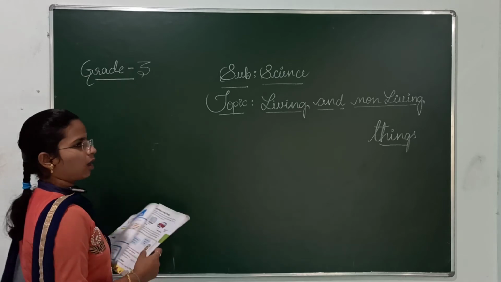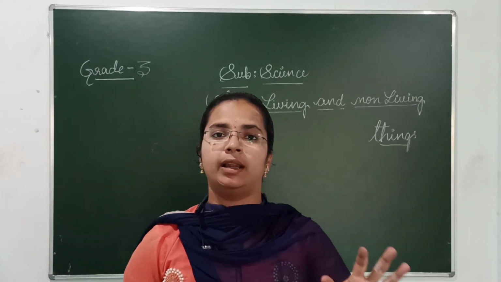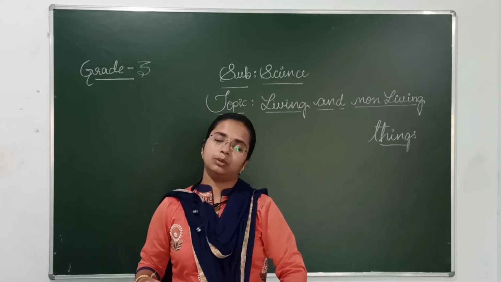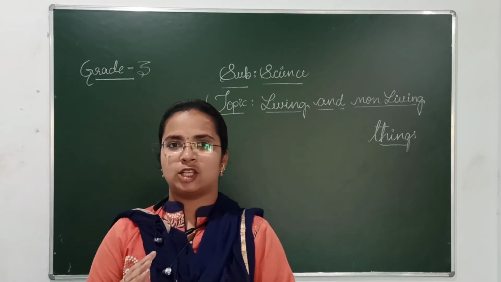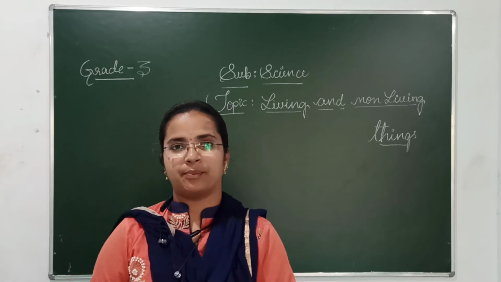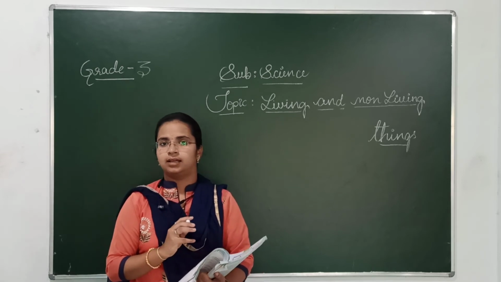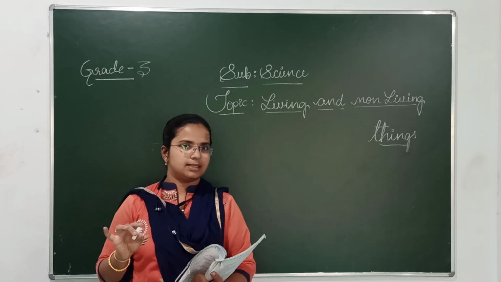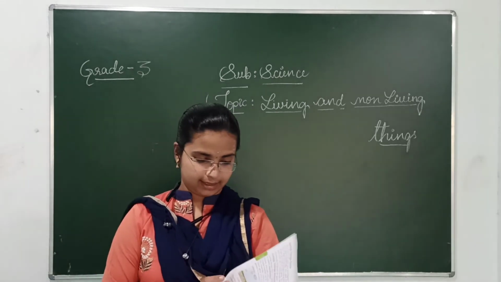Natural things are the things which are not made by humans, but they came into existence before man came into existence. Such things are known as natural things. For example, sun, moon, planets, and many more.